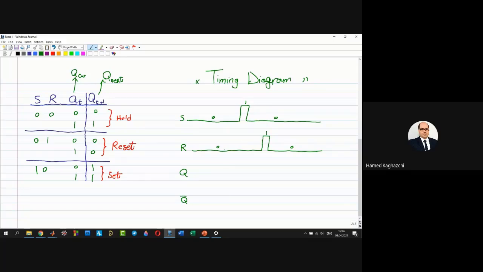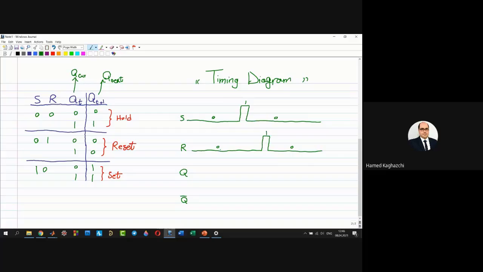Now, according to these two pulses, I want to draw the output Q and Q bar. What happens when S is 0 and R is 0?